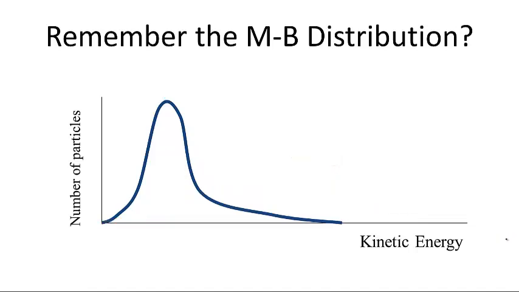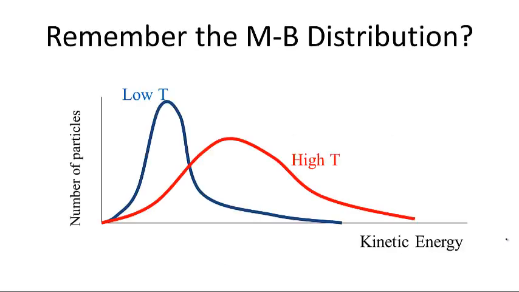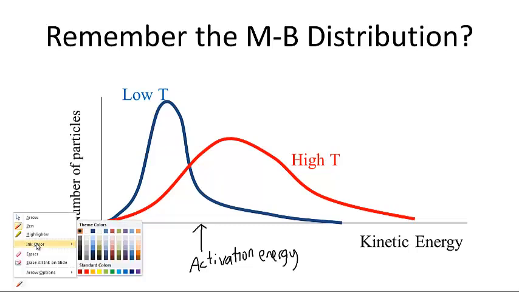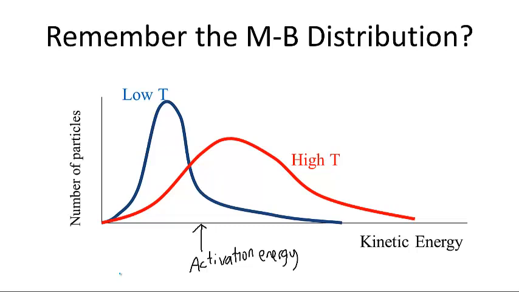So first of all, if I pick a certain activation energy, let's say it's right here, then in my low temperature sample, essentially only these particles over here will be successful when they collide.